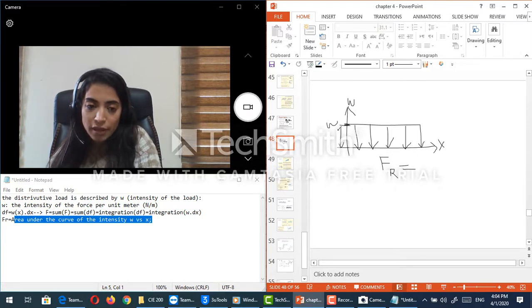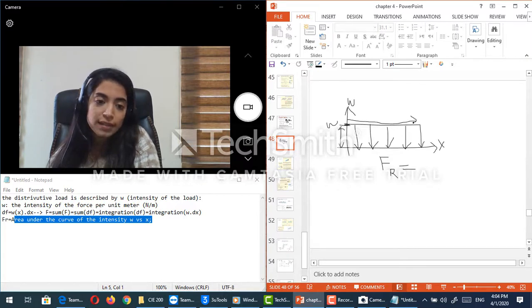So this is the length times all of this. This is the area under this curve, and this is basically L. So Fr is equal to omega times L. Omega times L will give me the area under the curve of omega.